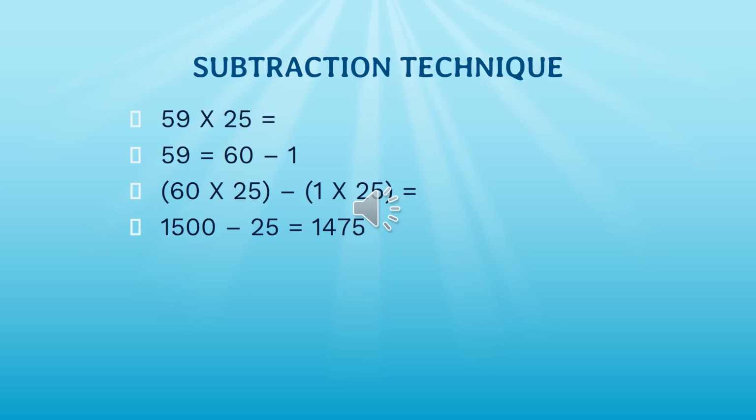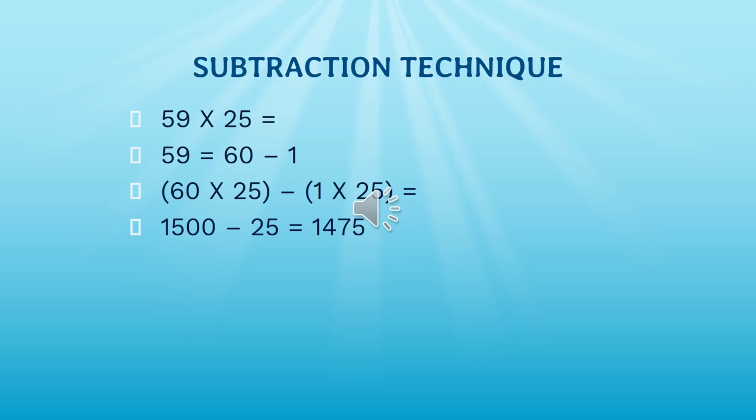To show that, I have an example: 59 times 25. 59 is a larger factor, and it is close to a multiple of 10, in this case 60. If I round this up to 60, it means that I subtract 1 in the process, because 59 is equivalent to 60 minus 1.